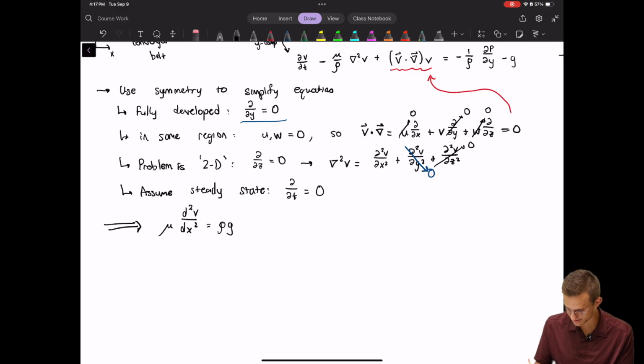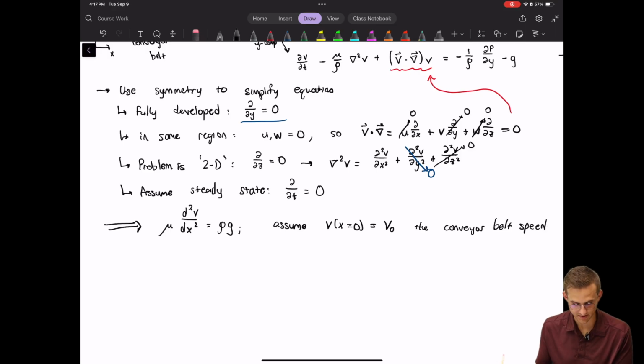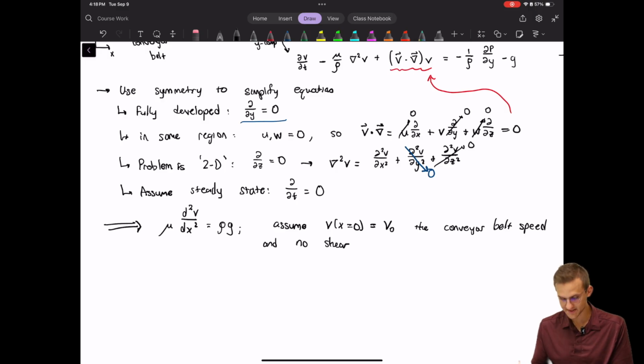Okay, and then we'll assume that v at x equals 0, so right at the wall, is equal to the conveyor belt speed, v naught. This is often called a no-slip condition. And also no shear, so that means there is no shear at the air interface.